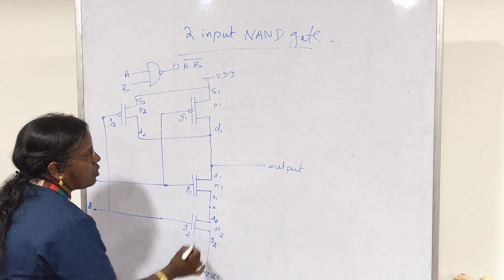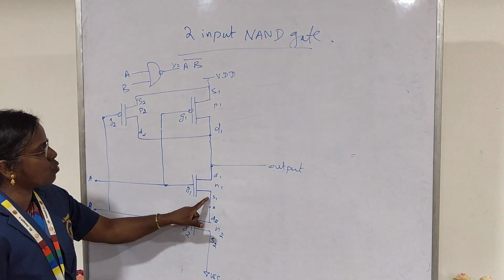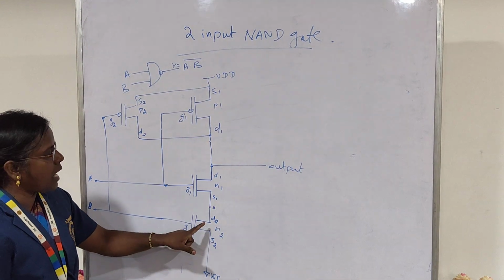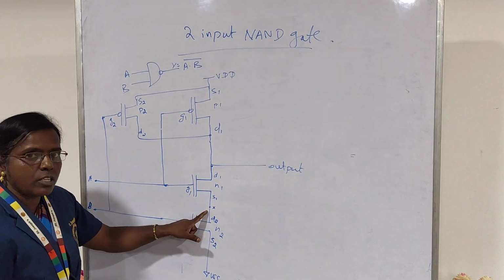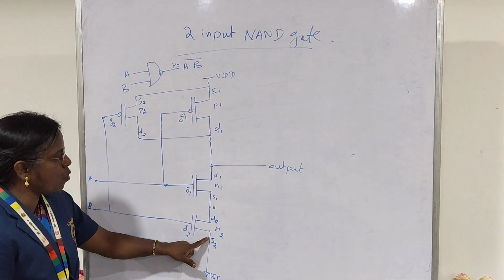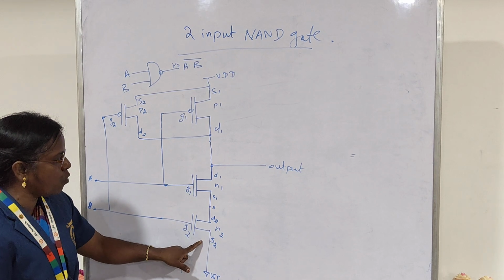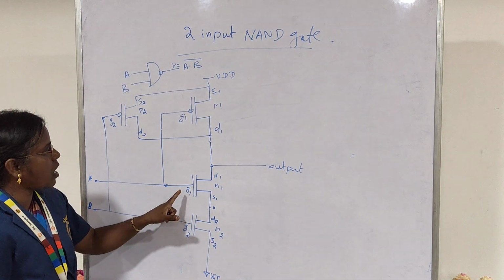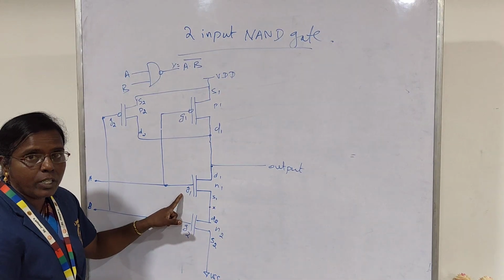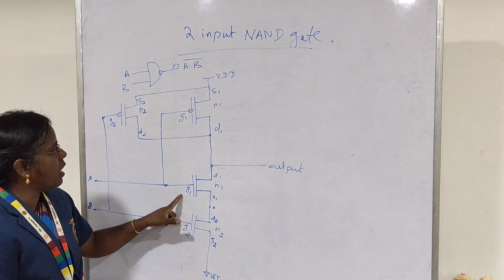Here we can consider the node X where the source of NMOS 1 and the drain of NMOS 2 are connected in series. Okay. Then the source of the NMOS 2 must be connected to ground terminal. Now how can the gate terminal connection be made, right?